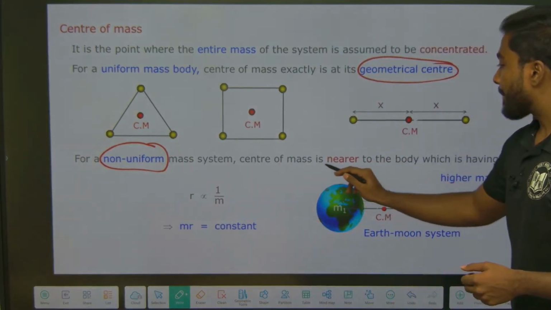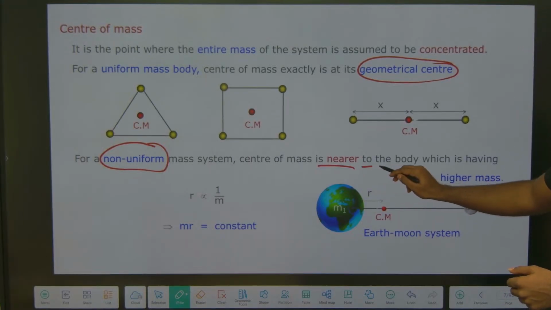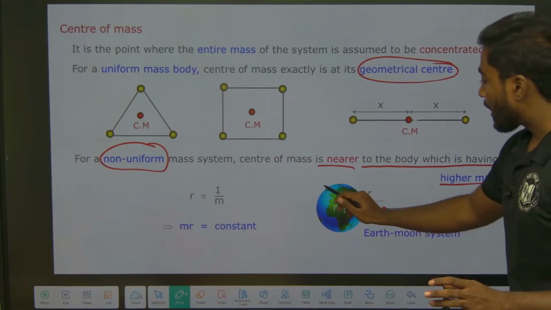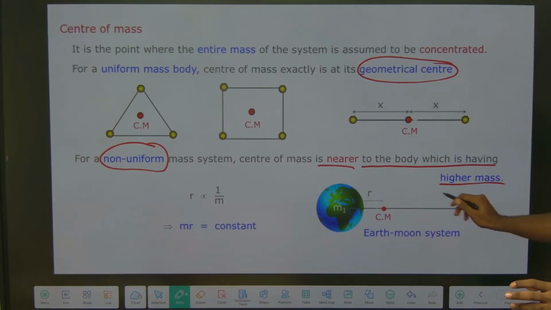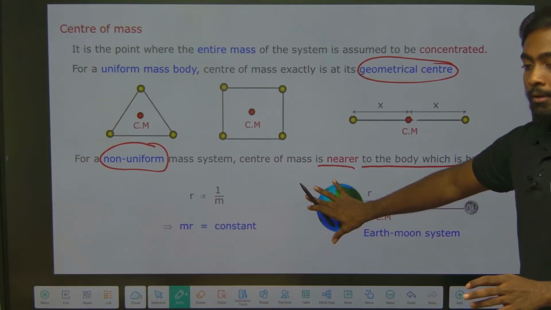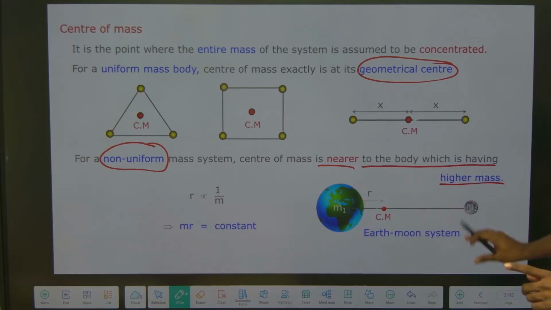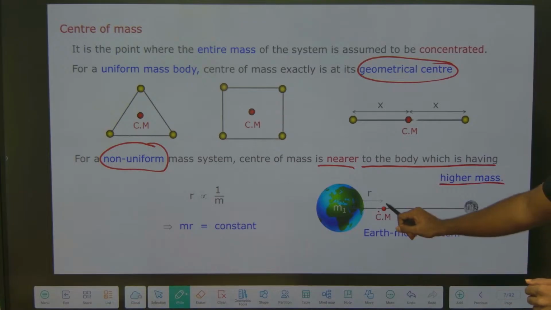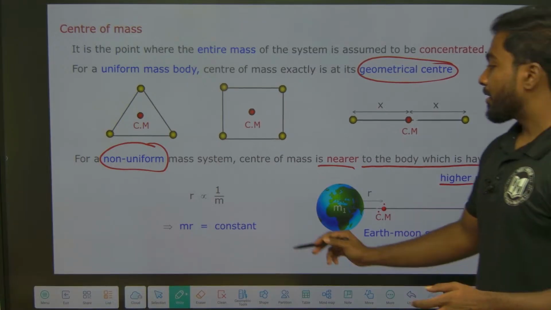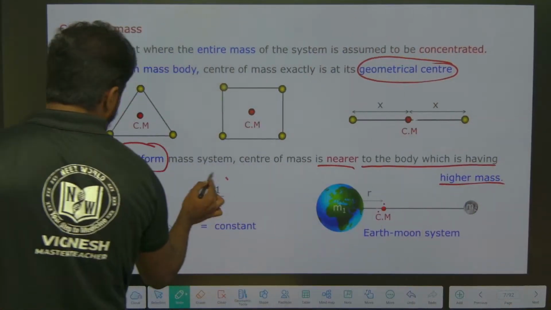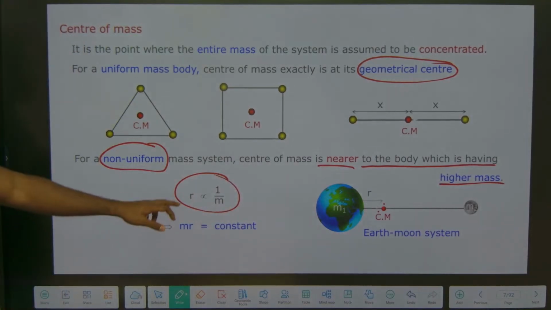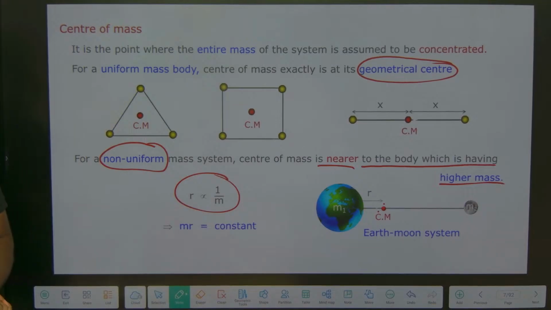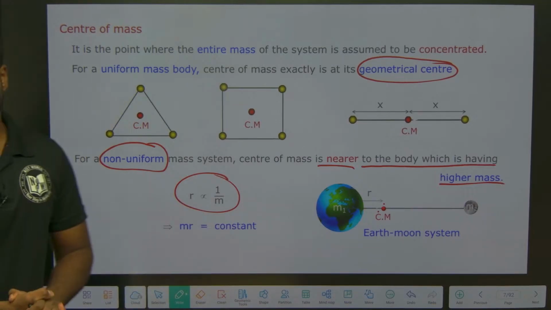So when we talk about the earth and the moon, the earth has more mass than the moon, so the center of mass will be near the earth. When we talk about distance, when the distance increases, mass decreases.